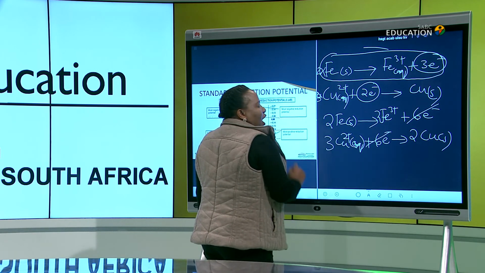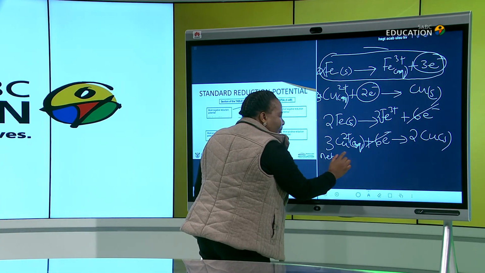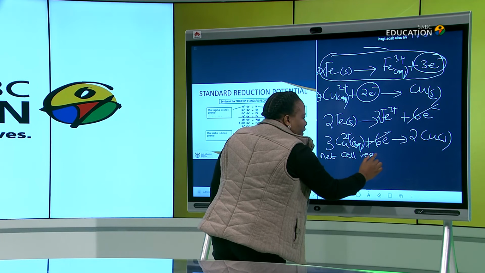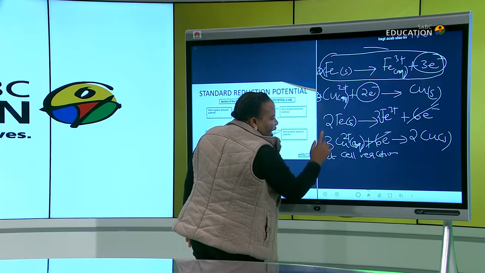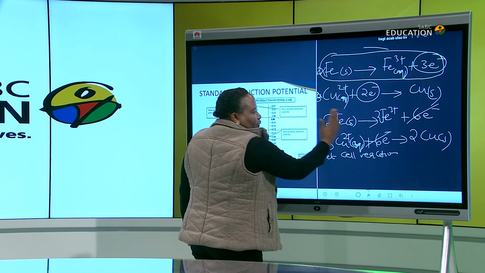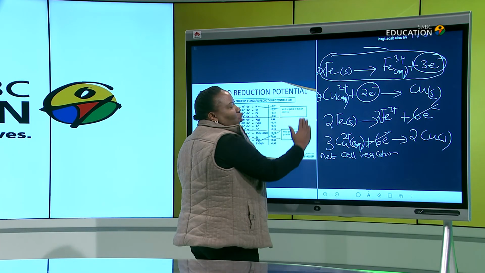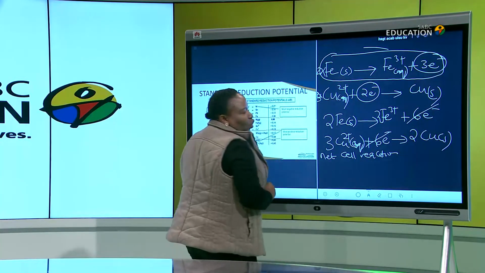When we write the net cell reaction, whatever is on this side of the arrow we write on this side, and whatever is on the other side of the arrow we write on that side.